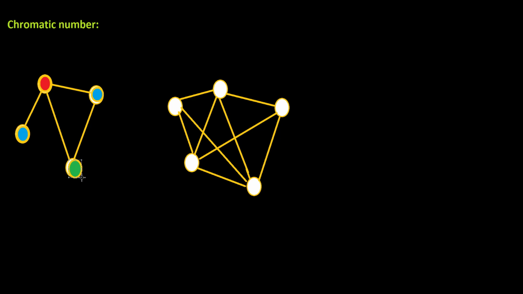So the idea here is that I am coloring the vertices so that no two neighbors have the same color. And if you look at what we did for this particular graph, this required 3 colors to avoid collisions.